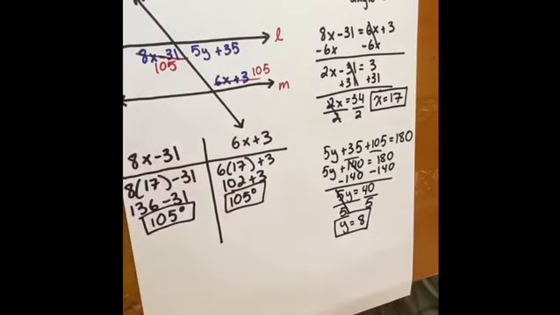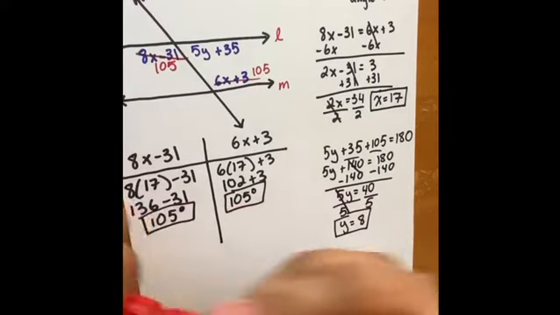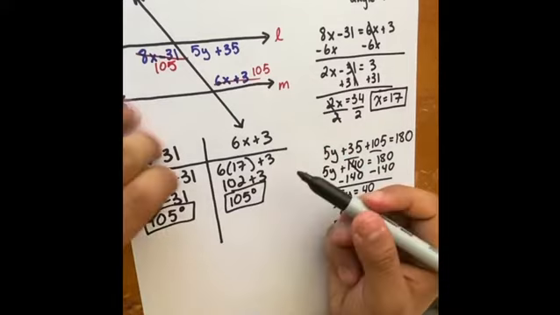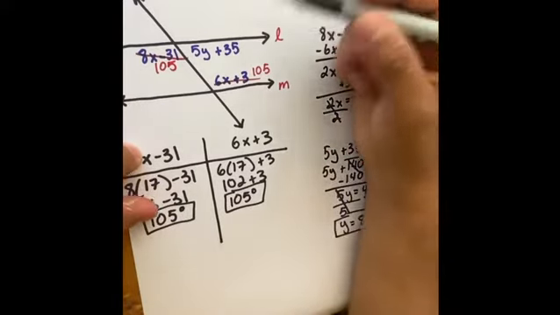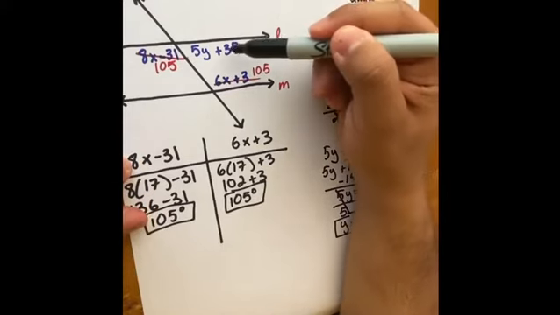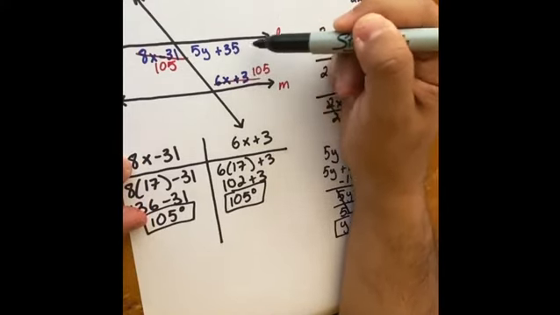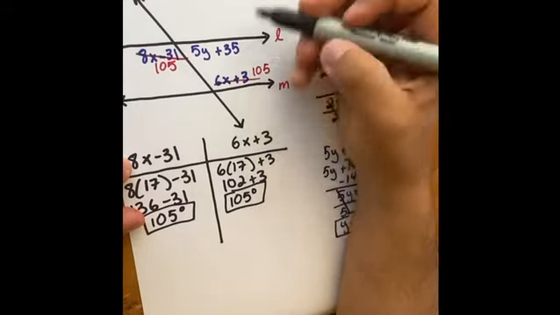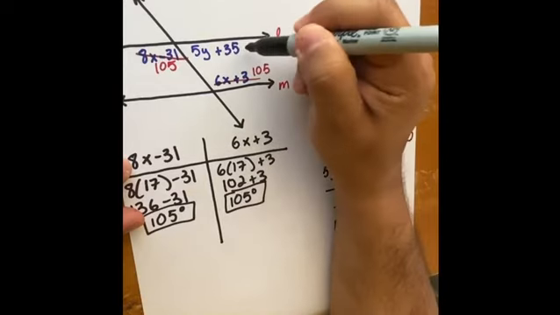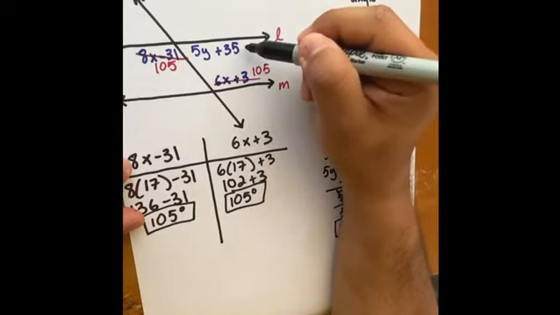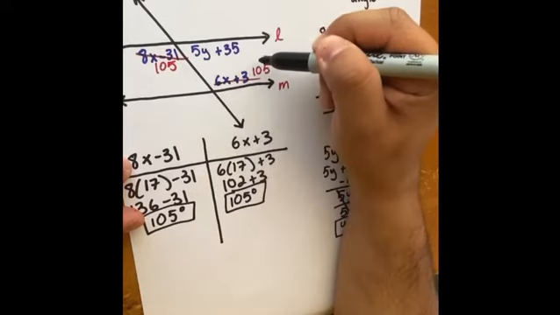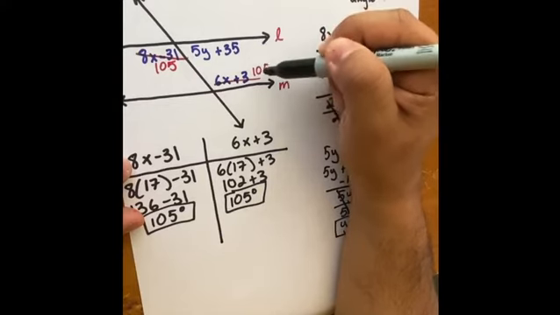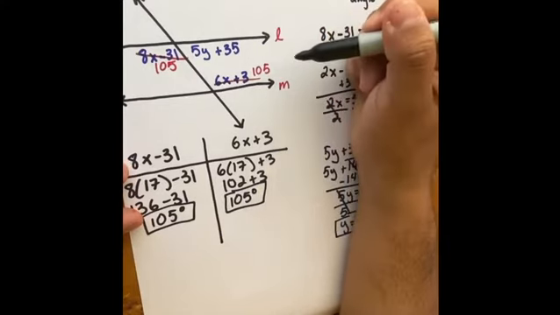So what I'm going to do is take the expression 5y plus 35. Let's do some predictions. If we know that the sum of these two angle measures add up to 180, I can immediately find out what this angle measure is. Well, what angle measure does this angle have to be to add to 105 to equal 180? Well, 75 plus 105 equals 180.